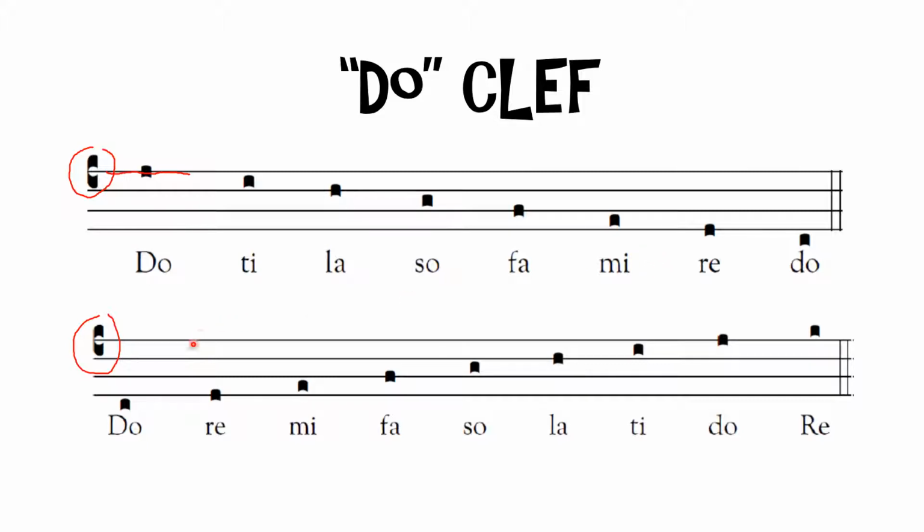And if somebody else's pitch for do is this. Do, re, mi, fa, sol, la, ti, do, re. All you need to know whenever you see the do clef is that all the notes on the line where the clef sits is the do.